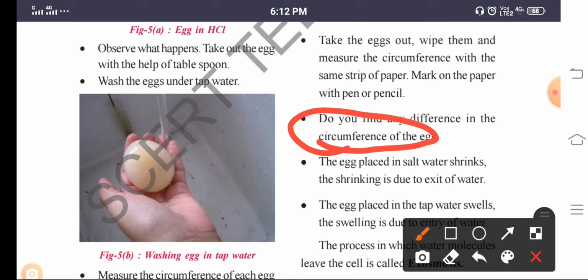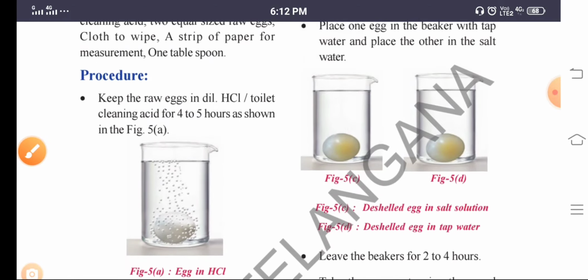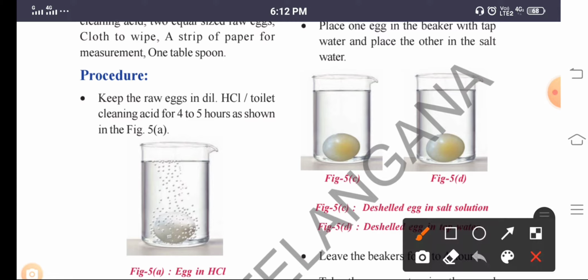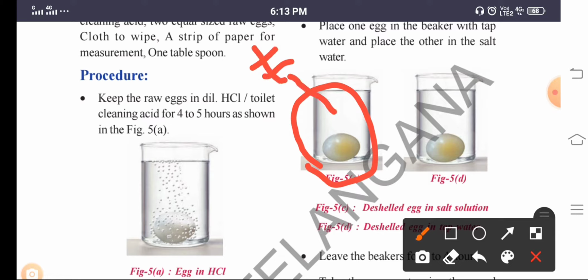So here the most important one: the egg we kept in the salt solution will shrink. Why? Because here the salt is highly concentrated. This beaker water has high concentration, so in the egg it is low concentration.